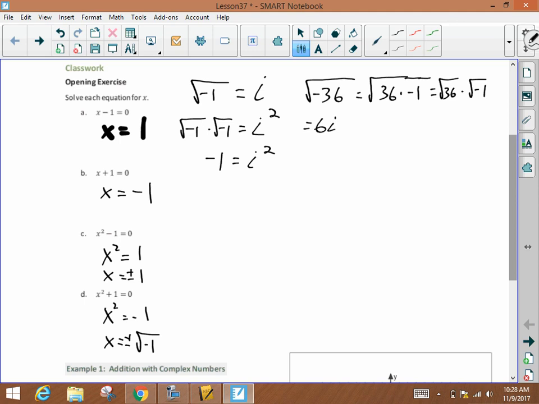Okay, so if this is true, then what is i cubed? It is the square root of negative 1 times the square root of negative 1 times the square root of negative 1, which is the same thing as negative 1 times i.